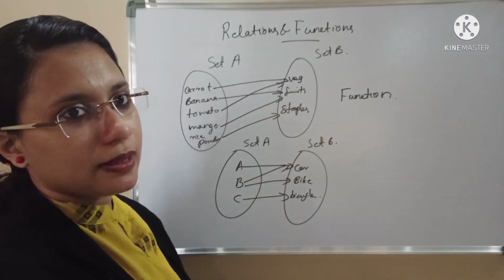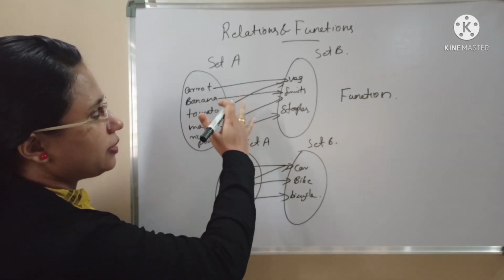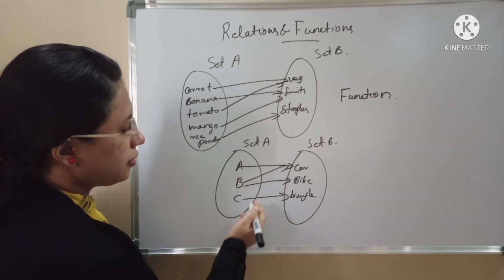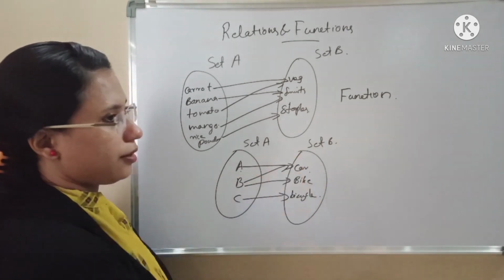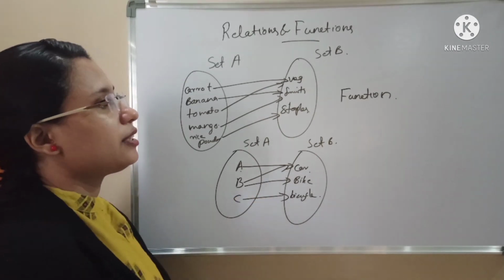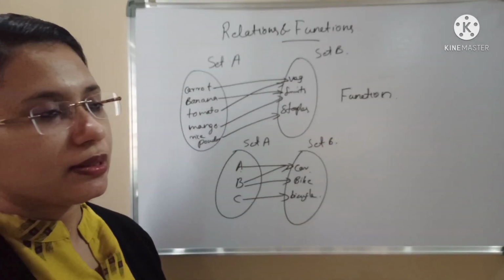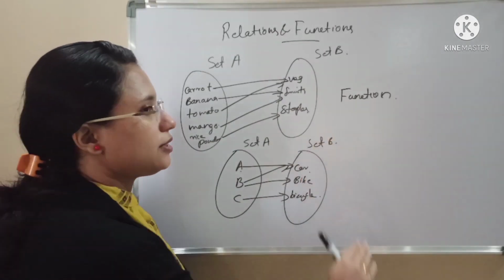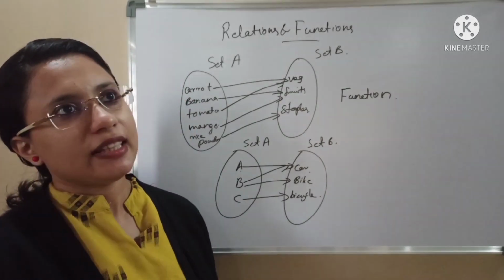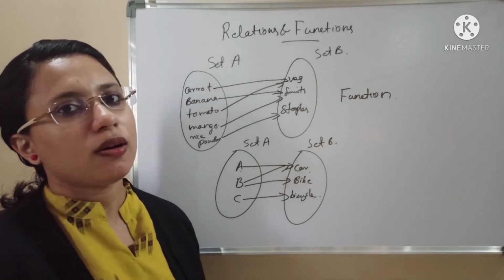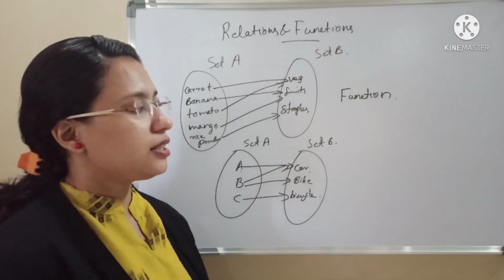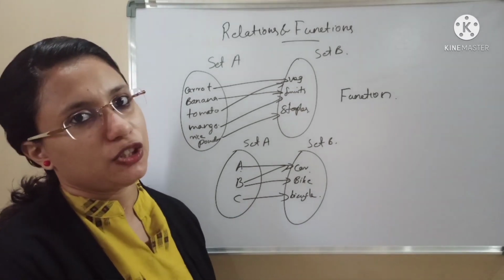When we look at this relation, what is the difference between this one and the first one? Here, A is related with car, fine. But B has two relations with elements in set B. So in that case, we cannot say it is a function, but still it is a relation.